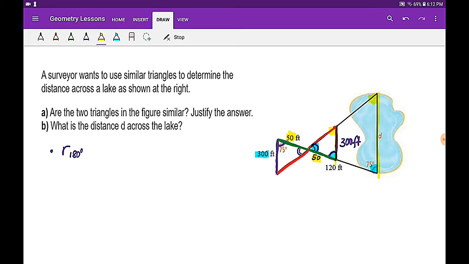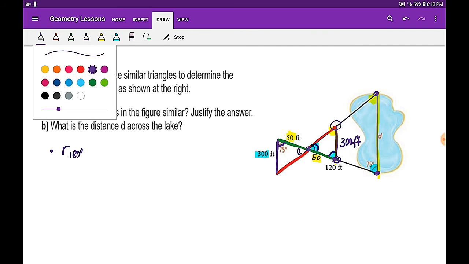So if we dilate this point and this point from the center, this point will eventually match that point. This point will eventually match this point. So we can do a dilation. So let's write it down.